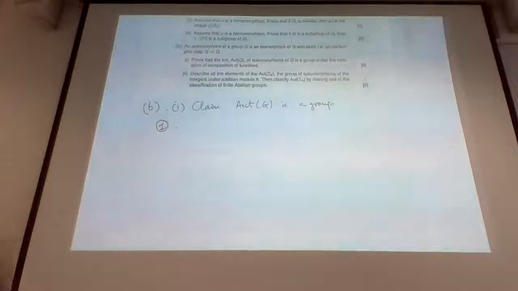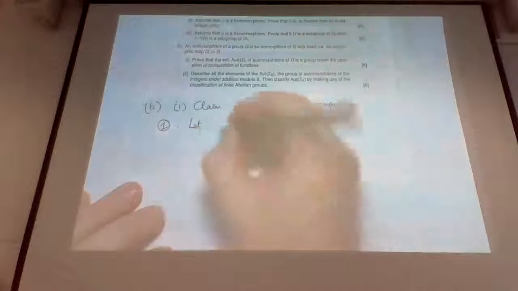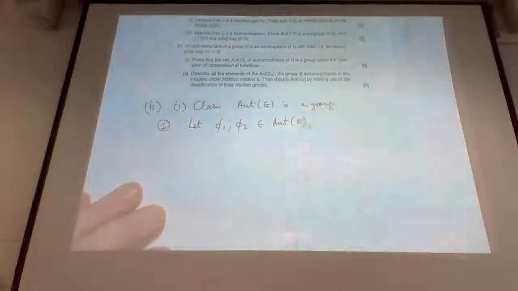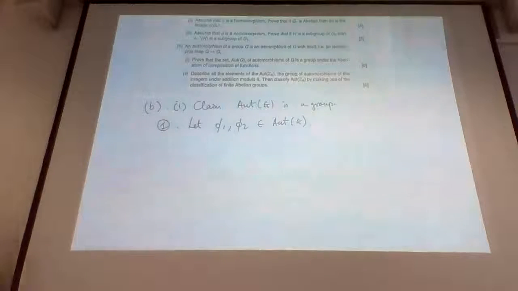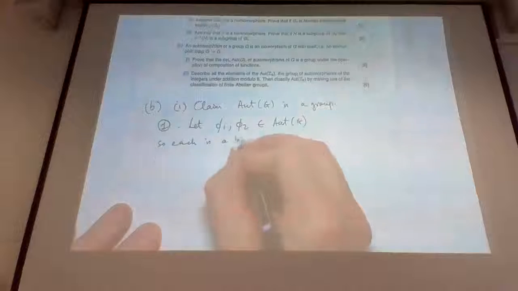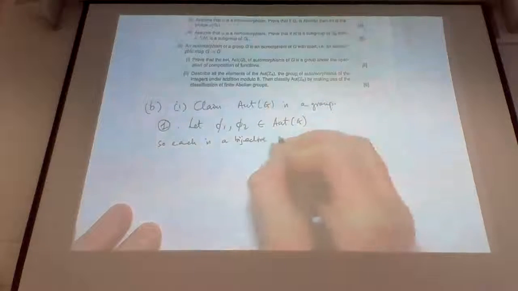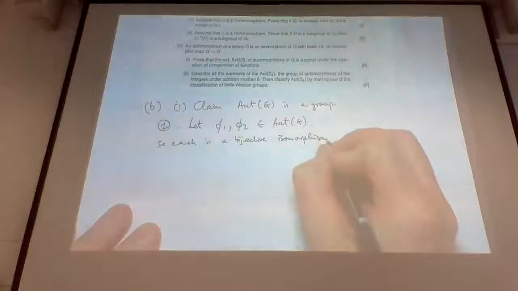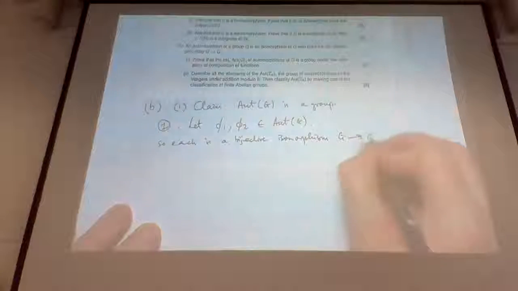definition of a group. So first of all, let phi1 and phi2 be elements of the automorphism group. Each of them is a bijective isomorphism G to G. It's not necessary to write this because it's in the question.